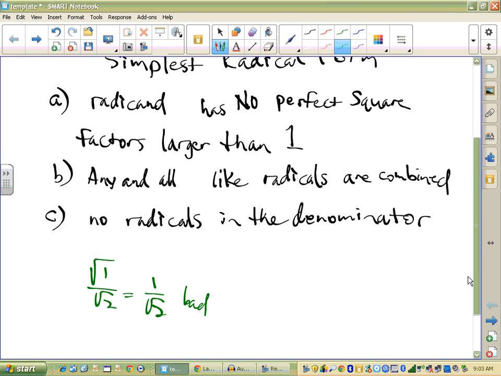And you're not allowed to write the answer like that, okay, because that's not simplest radical form. And you end up writing the answer a little bit different. In a later module, we will be looking at how to handle that. So what we're about to do then is look at several examples and figure out whether or not they are in simplest radical form.